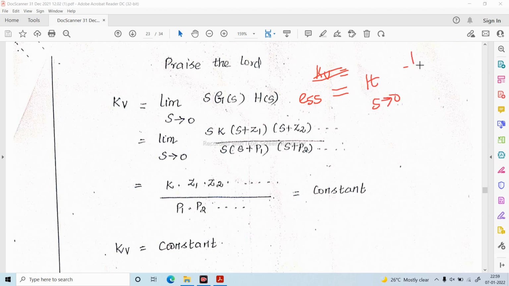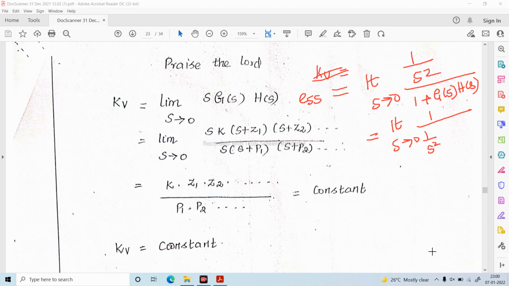R of S is what? 1 by S square, no? 1 by S square divided by 1 plus G of S into H of S. Okay, from this, limit S tends to 0, 1 divided by, not 1 by S square, but S plus S square into G of S into H of S. So next, how to write limit S tends to 0.